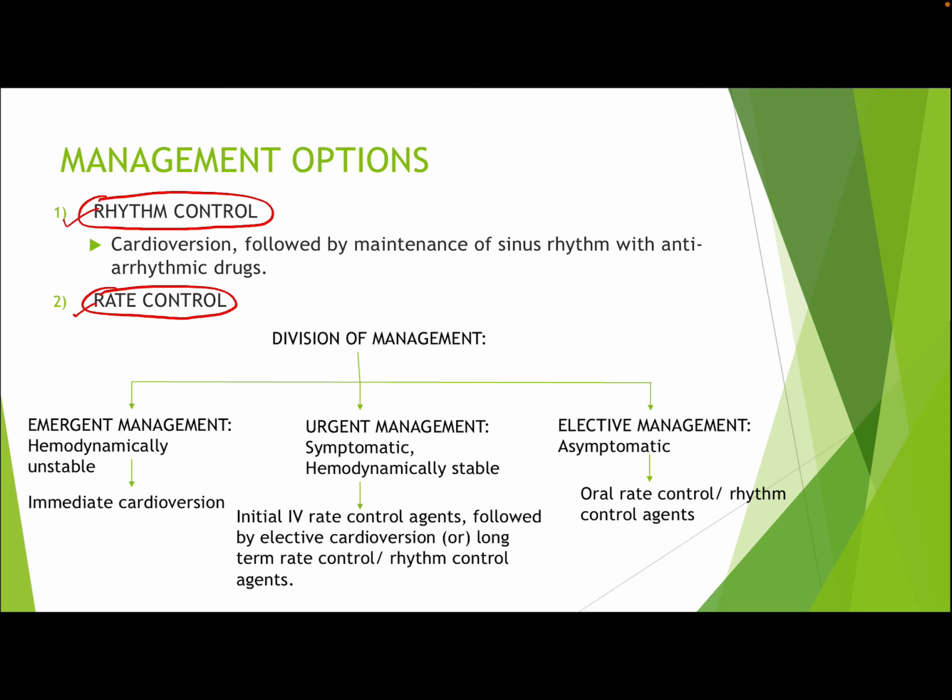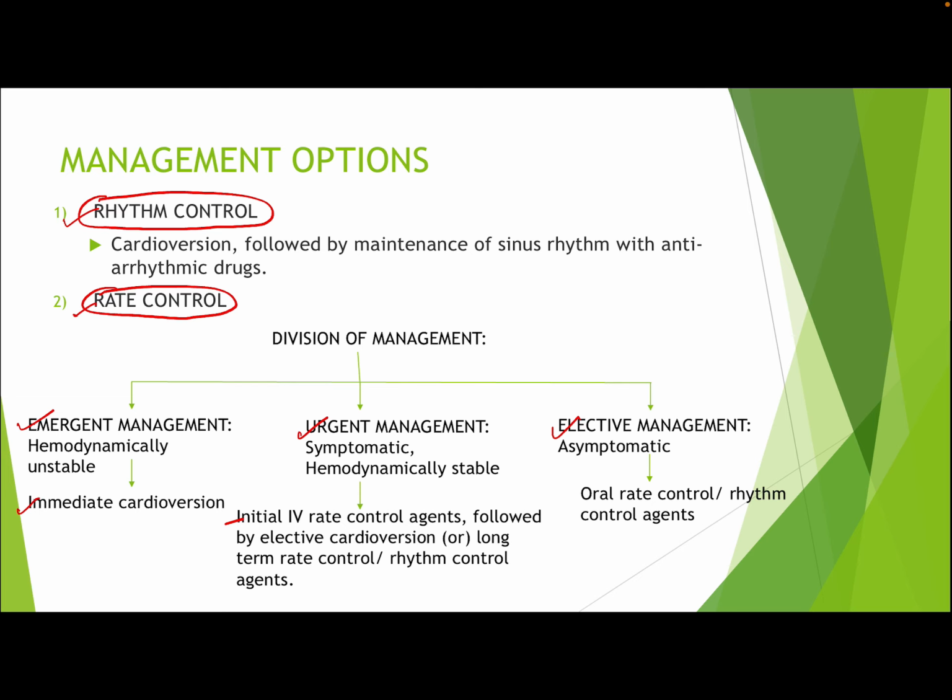And very briefly, you can divide the management into three categories: patients who need emergent management, meaning those who are hemodynamically unstable; urgent management, people who are symptomatic but they are stable; and elective management, just for asymptomatic patients. Emergent management includes immediate cardioversion, as I mentioned. Urgent management would be to give an initial IV rate control agent to control the ventricular rate.